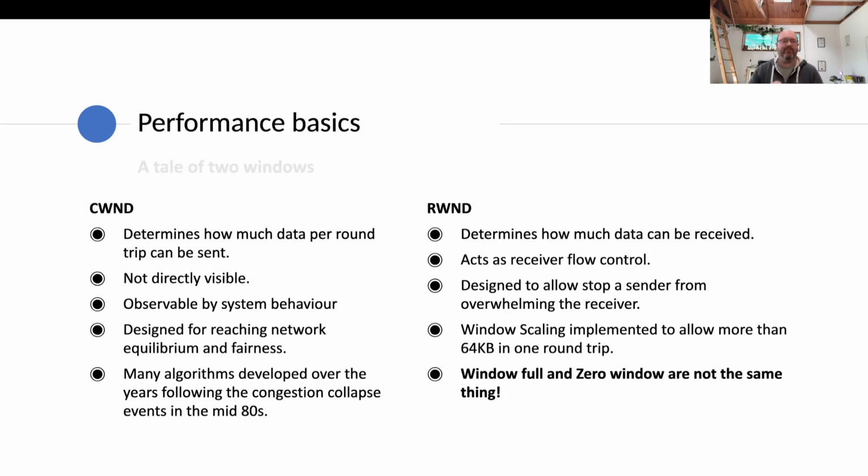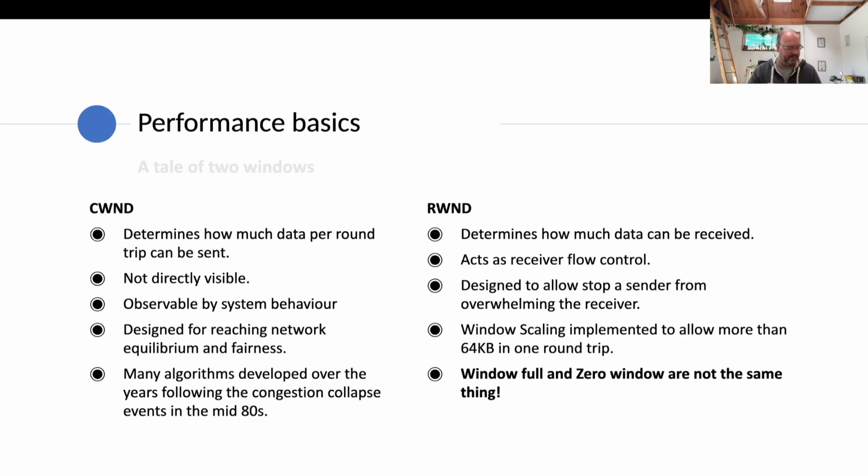We also have the receive window, which I was talking about just before, and that tells the sender how much data can be received. And how much data is outstanding on the wire is effectively the lowest of either the receive window or the congestion window, especially during the slow start phase. As I said, the receive window acts as flow control, and it's designed to stop a sender from overwhelming the receiver.